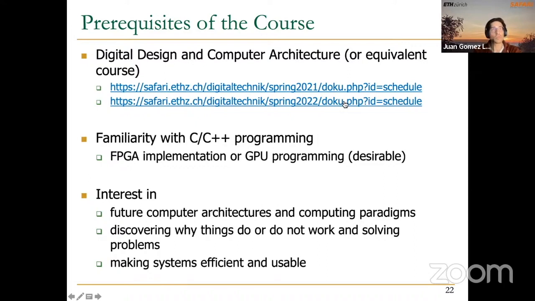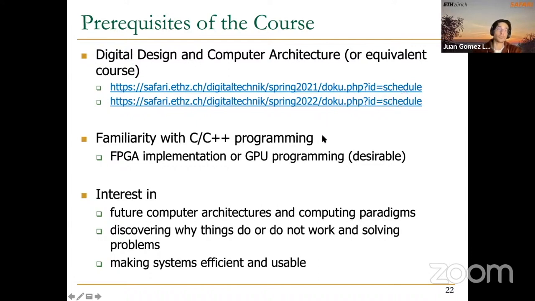So these two can be a very good reference for you whenever you need to go back to some of the knowledge that you already have on digital design and computer architecture. Ideally, you should have familiarity with C and C++ programming. I don't think that will be a problem for anyone. And if you also have some experience with FPGA implementation or GPU programming, that's going to be pretty useful as well.